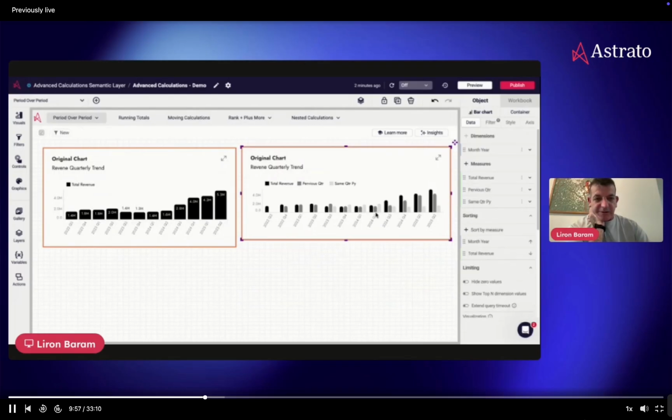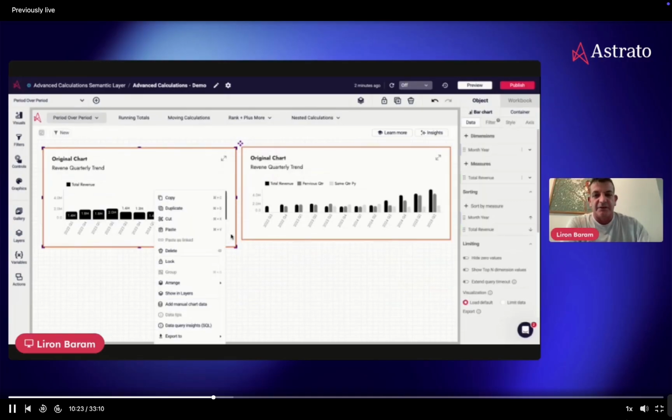For example, only in 2024 Q2 was the last time that the quarter from the previous year had a higher value than the current year. And we can see that most of the quarters we are growing, in the last quarters we are growing against the previous quarter and against the previous year.